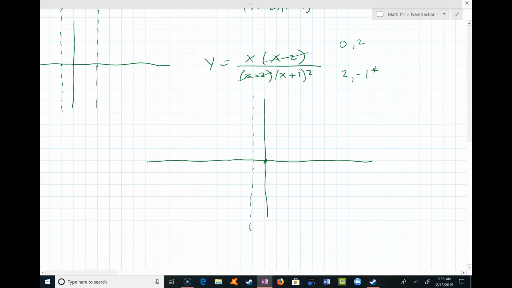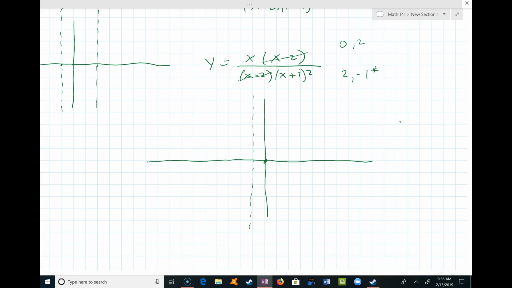So now remember, the way a hole works is the graph comes up to it and just hops over it and then keeps going, right? So what we're going to do is find out what's happening as it gets close to that hole. Basically we're going to take the limit of this function as it approaches 2.